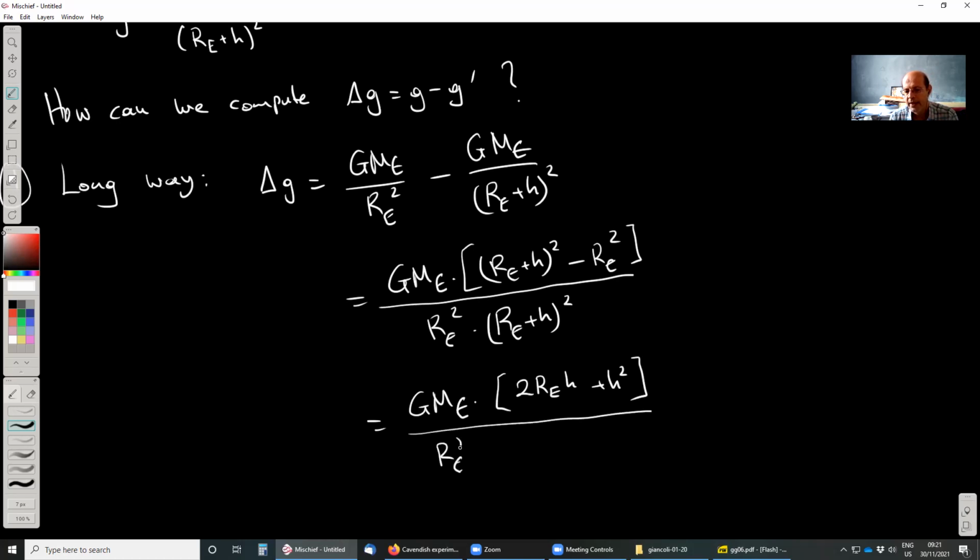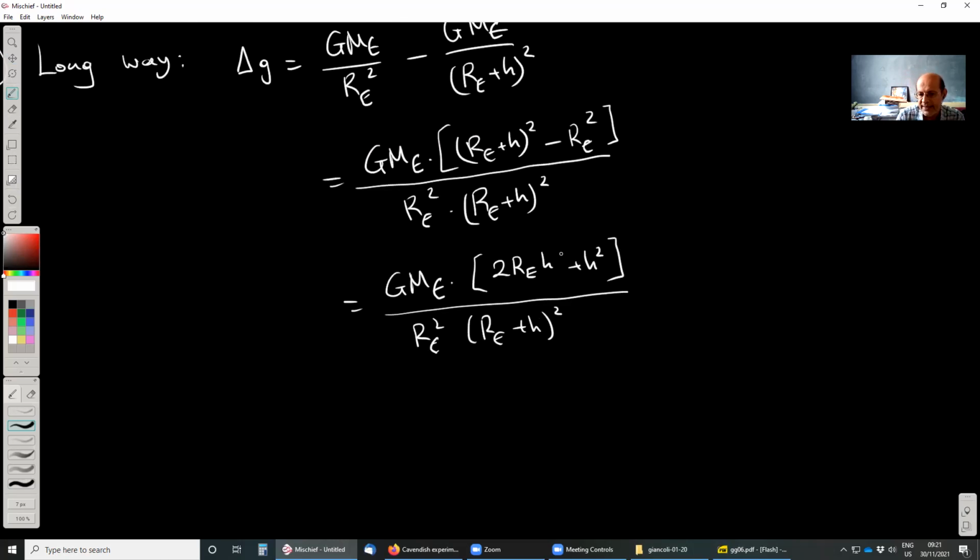All right, so I'm doing this right now precisely. I'm not ignoring anything in here. In any case, you can see that in the numerator part, we have obtained an h. So the numerator is proportional to h. So we know that h is basically small. h is much smaller than R_E, to be precise.